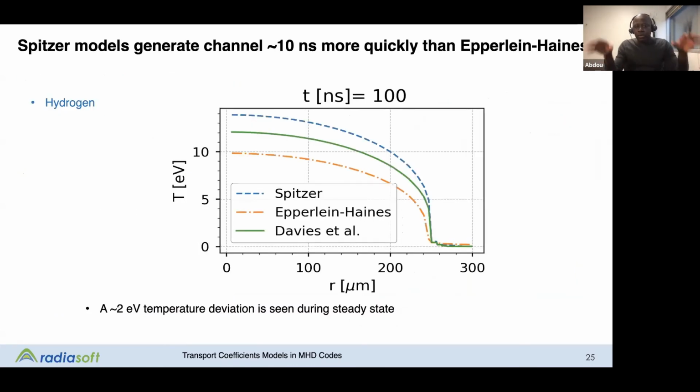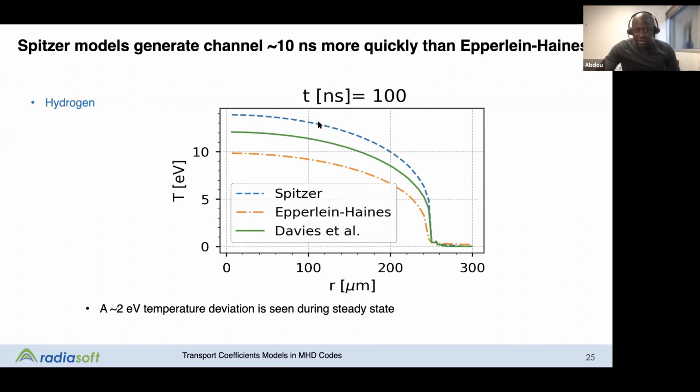All right, so we put these different models into our code, into Flash, and ran some simulations for hydrogen and for argon. This is one of the first results, where I'm plotting the temperature in the channel as a function of R, the radial coordinate, at 100 nanoseconds for different models.